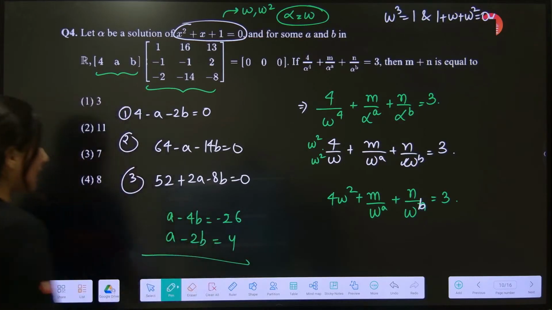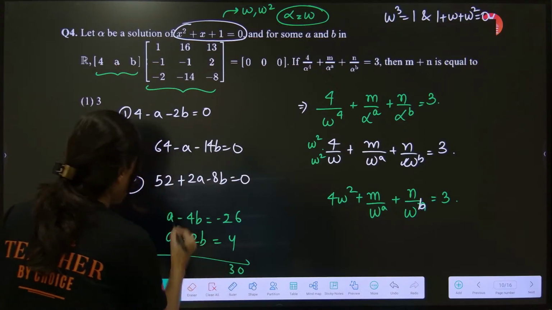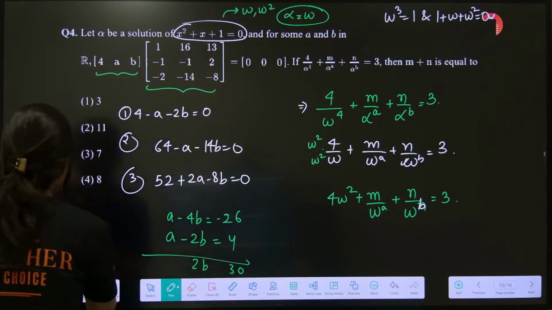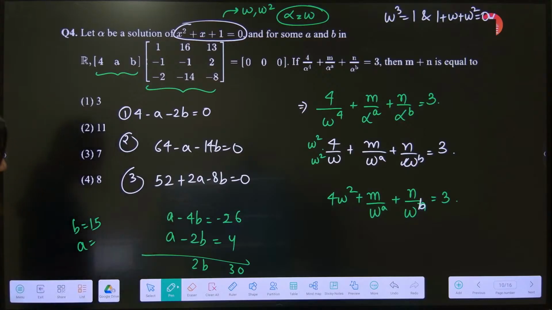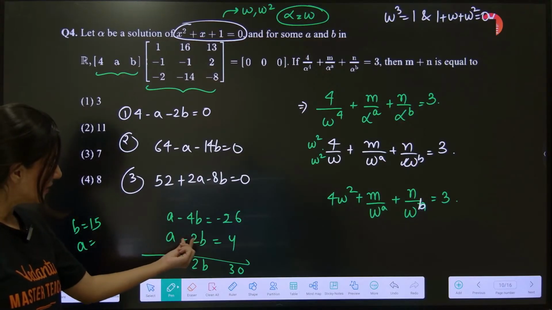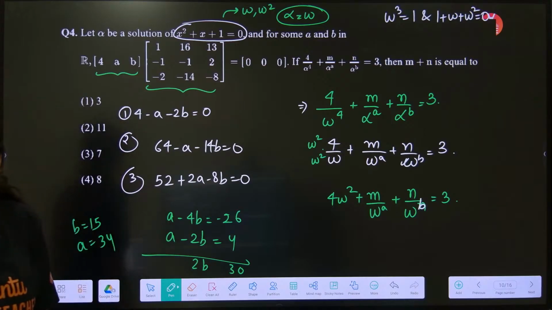Let's subtract it. So it is going to be 30 and 2b. b is 15. And what about a? If b is 15, so this is 30. A is 34. Is it like that? Oops, am I doing anything wrong?